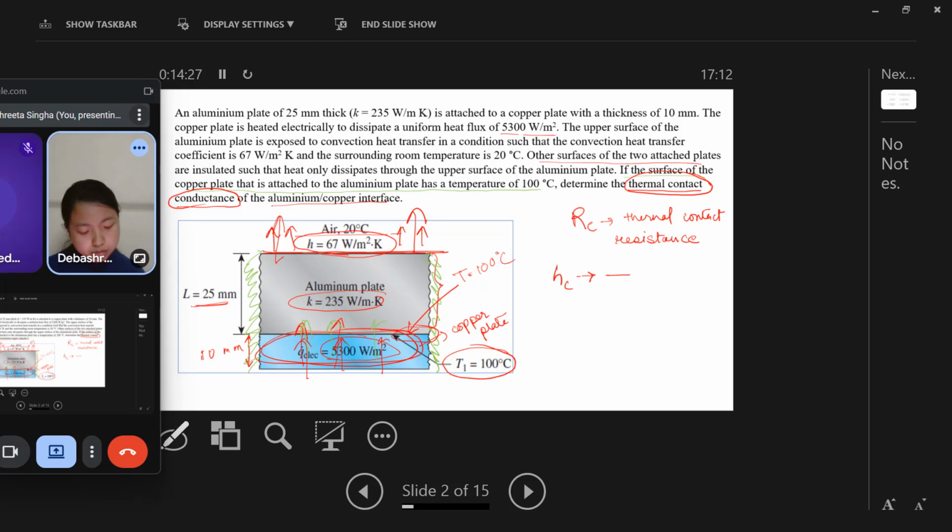Hc, which is given by 1 by Rc, is the thermal contact conductance.